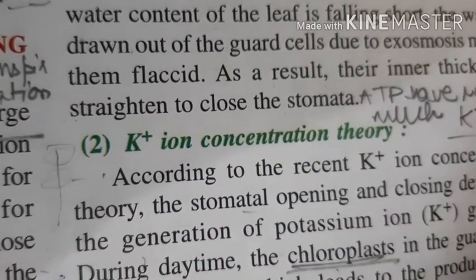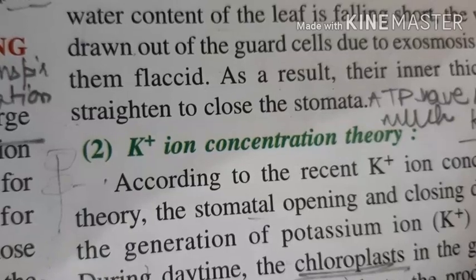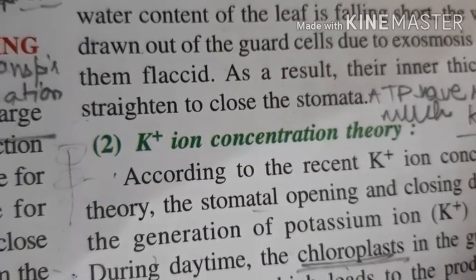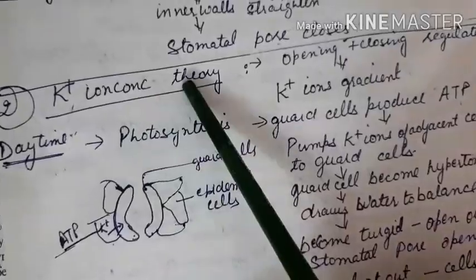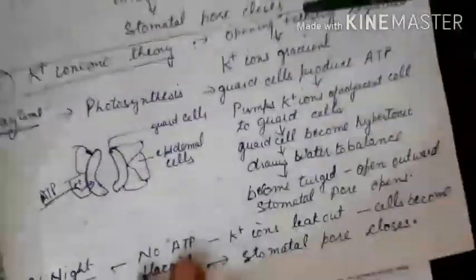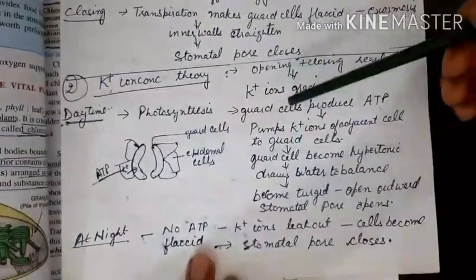Next, we will study the second theory on which the opening and closing of stomata is based, that is the potassium ion concentration theory. This theory is mainly based on the movement of potassium ions. What happens during daytime? Photosynthesis occurs and the food is prepared by the guard cells.